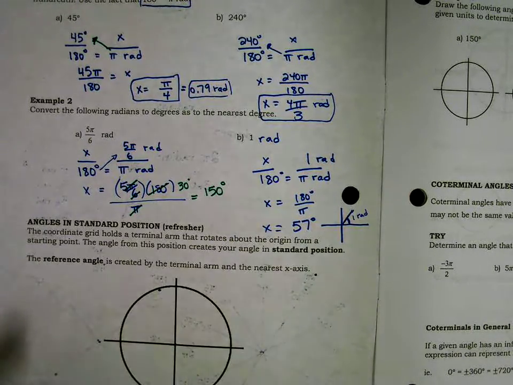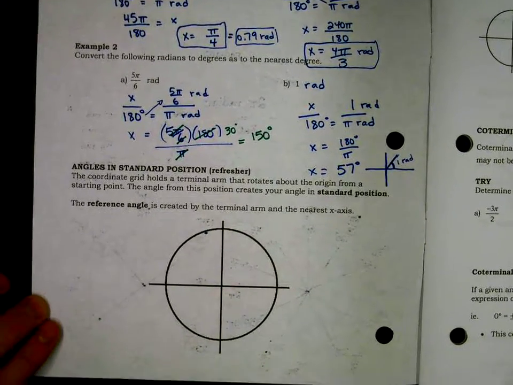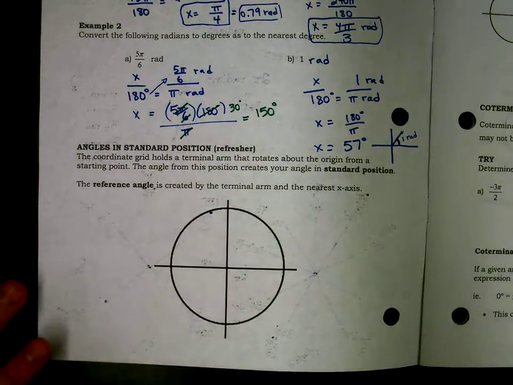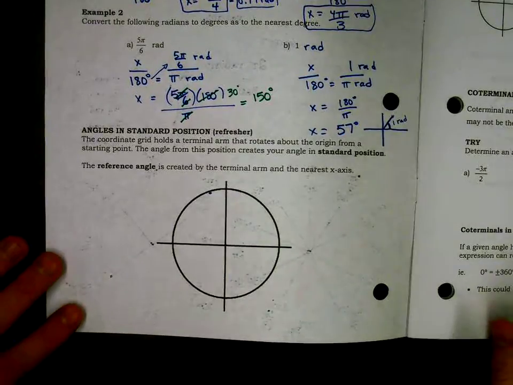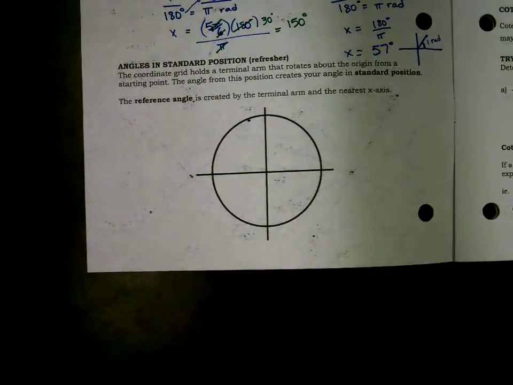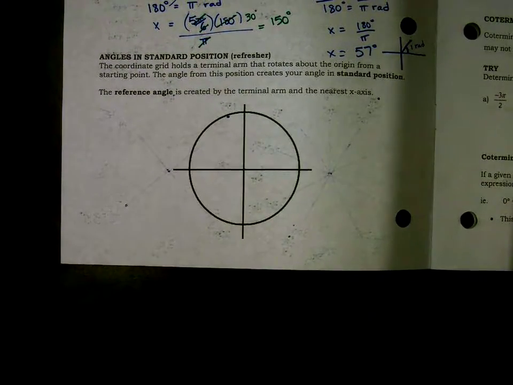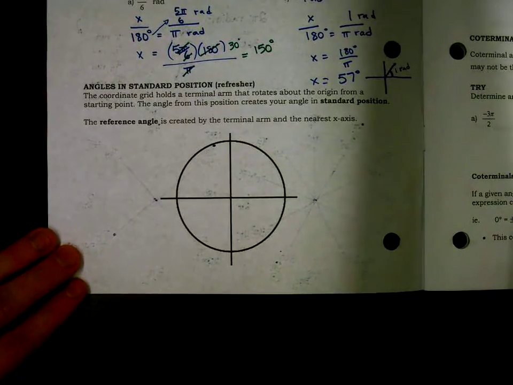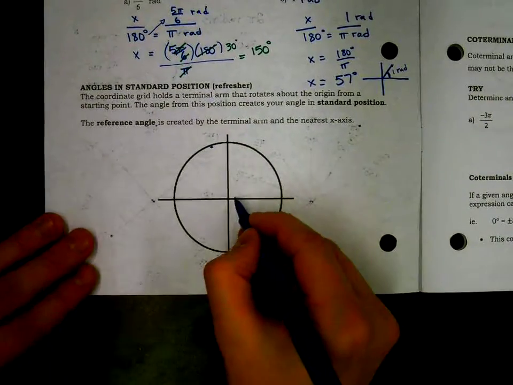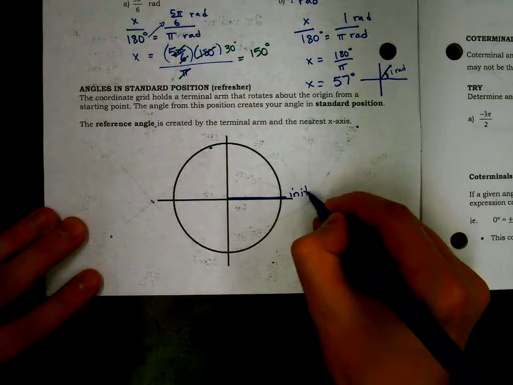Now, a couple other things that are extending out of grade 11 is angles in standard position. Angles in standard position is talking about this rotational trig. What we're doing is talking about this terminal arm that rotates around. So we have this initial arm that starts right here.